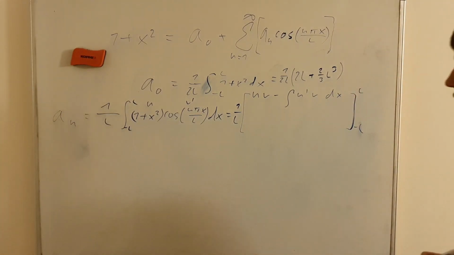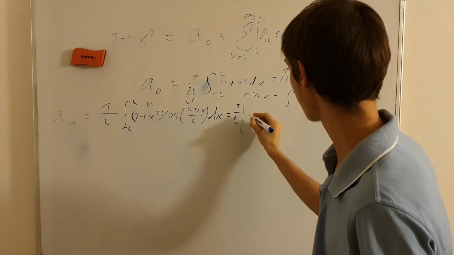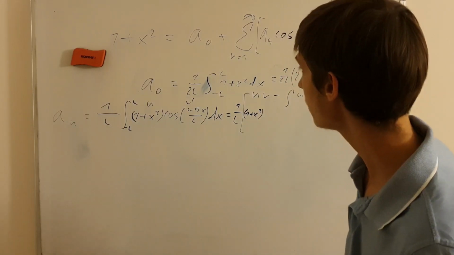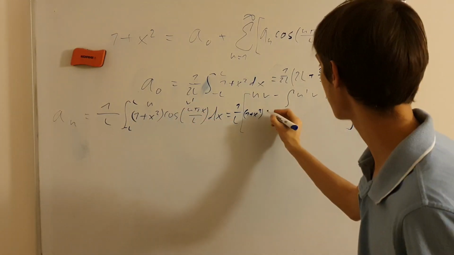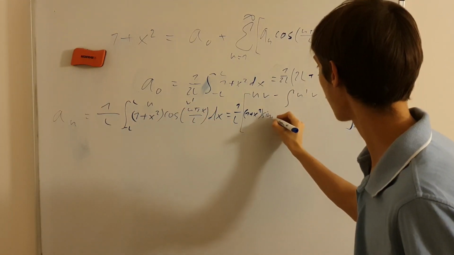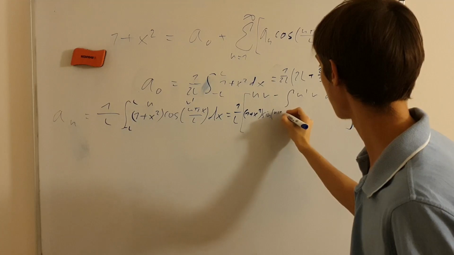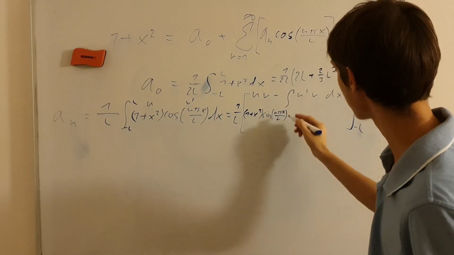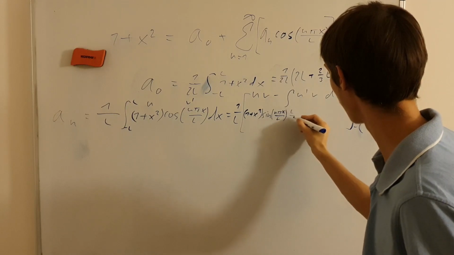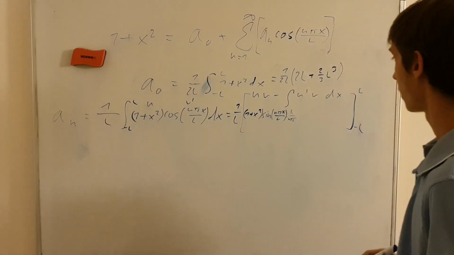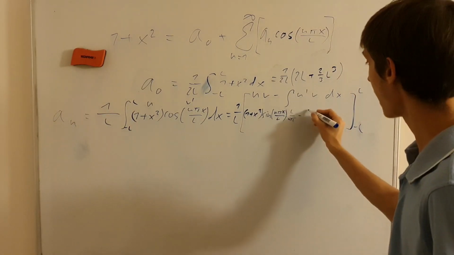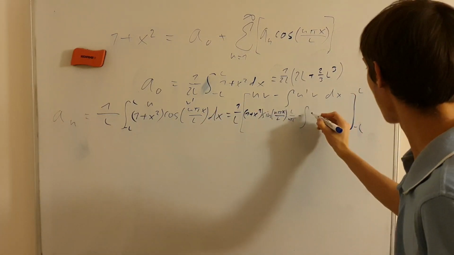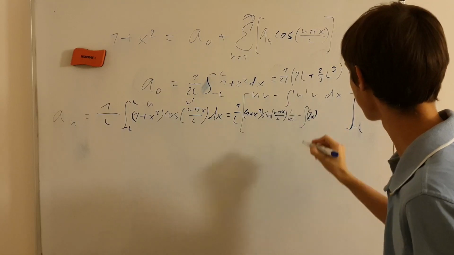Alright? So basically u gets rewritten first, that's 1 plus x squared, stays like that. V will be the integral of this, which is sine of n pi x over L times the inverted rest except for x, which is L over n pi. Alright, and then minus this integral, which will be u prime, finally decreased by 1 degree, so 2x now.